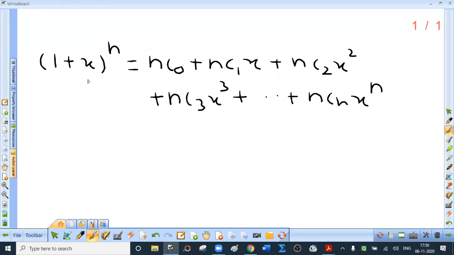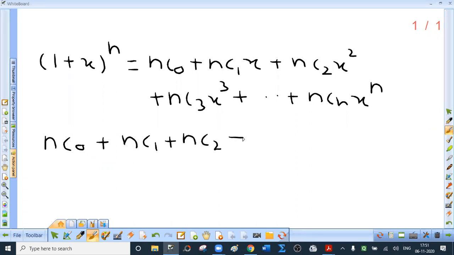Now, in this result, put x equal to 1 because this is true for all real values of x. I will write right hand side first. So it is nC0 plus nC1 into 1 because I have put x equal to 1. So nC1 plus nC2 into 1 square, that is 1.